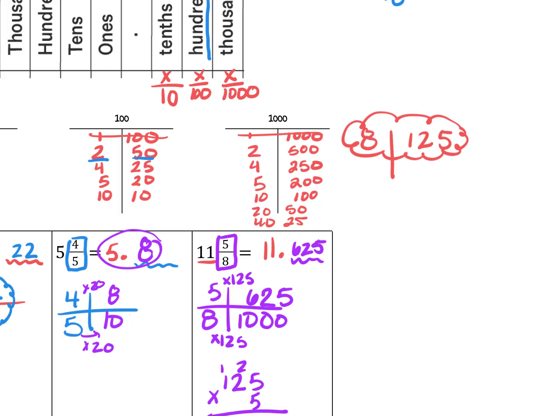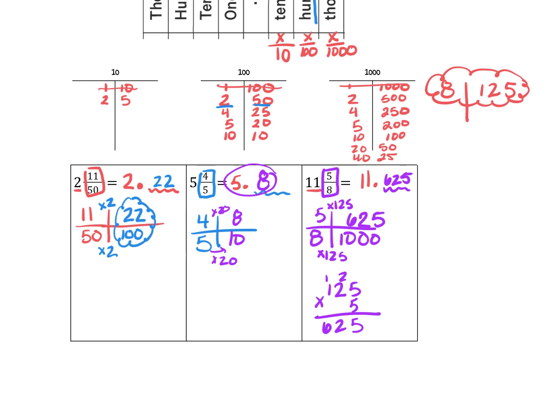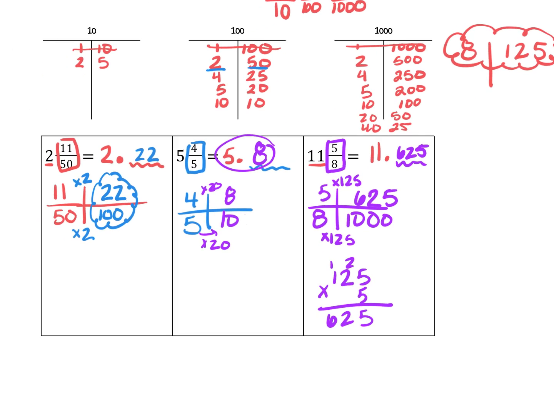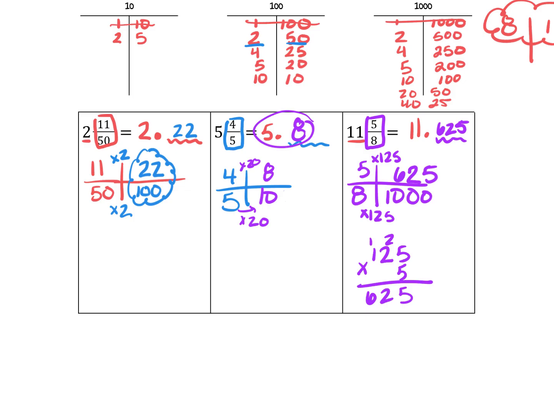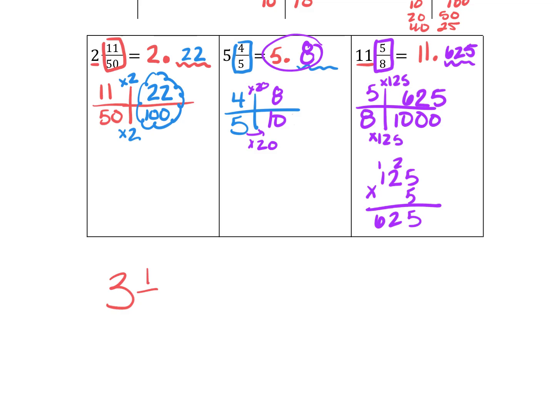Now this is not one of your examples, but I do want to do it with you really quickly, so if you want to flip your page over real fast. Let's do 3 and 1/20, because I do want to talk about making sure that we're putting our number in the right place value.